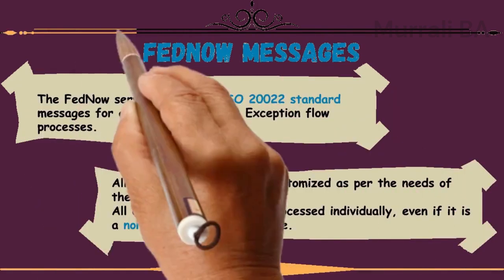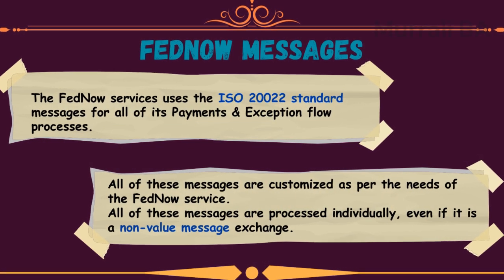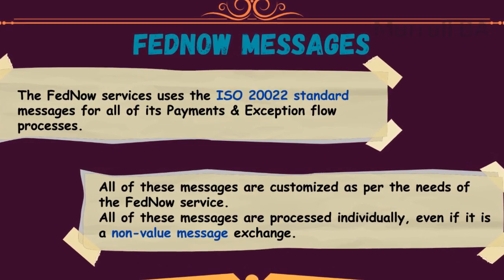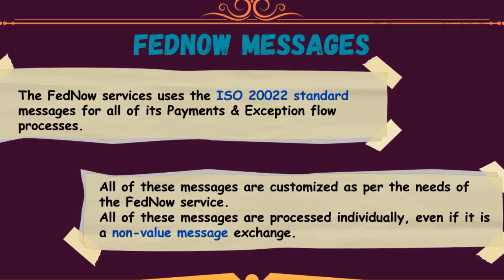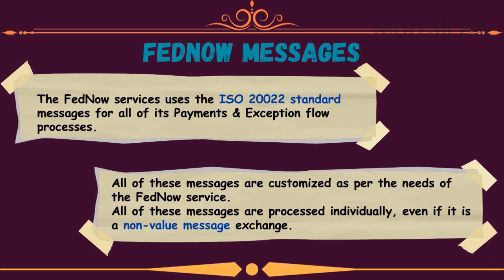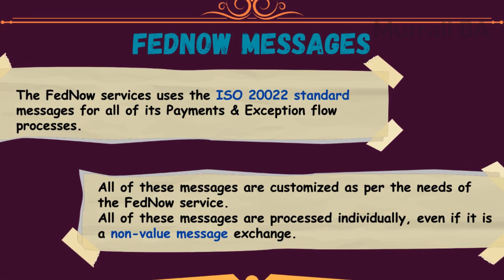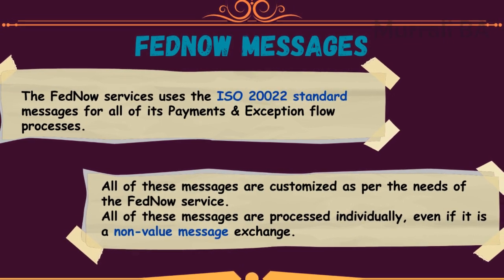All the money movement or any investigations regarding the money movement or the reports, everything is being done using these messages. These ISO 20022 messages are defined for all payment schemes across the world, and each payment scheme is welcome to modify the messages according to their needs.